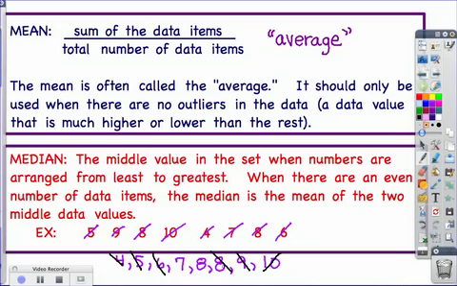So instead, I have to take the mean of the 2 remaining numbers. As we mentioned before, the mean is the sum of the data items divided by the total number of data items. So I would do 7 plus 8 divided by 2, since I'm just taking the mean of the 2 remaining data points. This gives me 15 halves, or 7 1/2.